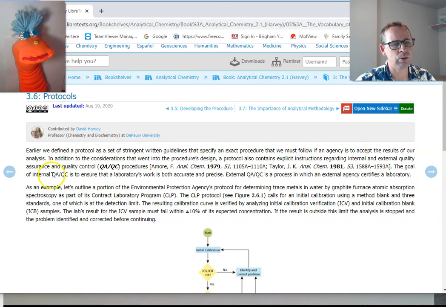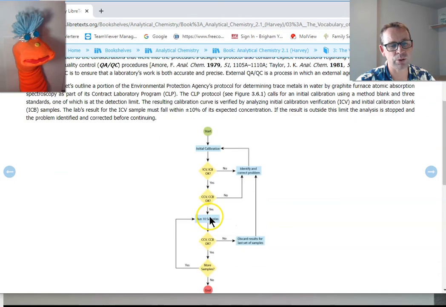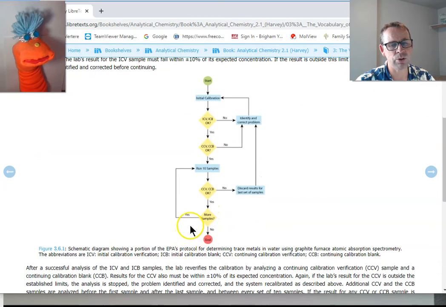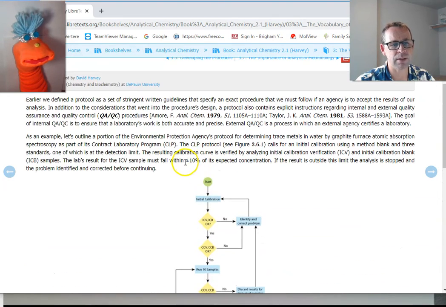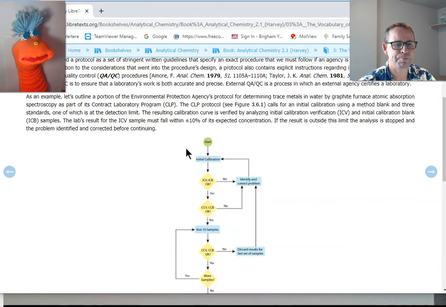And the goal is to ensure that the lab work is accurate and precise. And you'll often have the instructions that will allow you to work through and make sure that your resulting values are within a threshold, which is usually about 10% of the expected concentration. So a given standard is also provided or expected to be used.